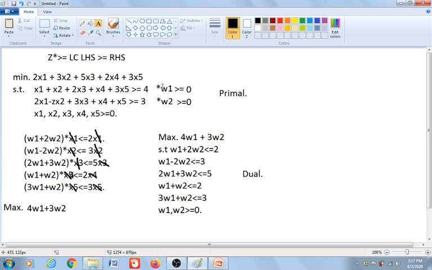The number of dual variables w, here w1 and w2, so two, is the same as the number of constraints in the primal LP. So that's how to get the dual from a min linear programming problem.